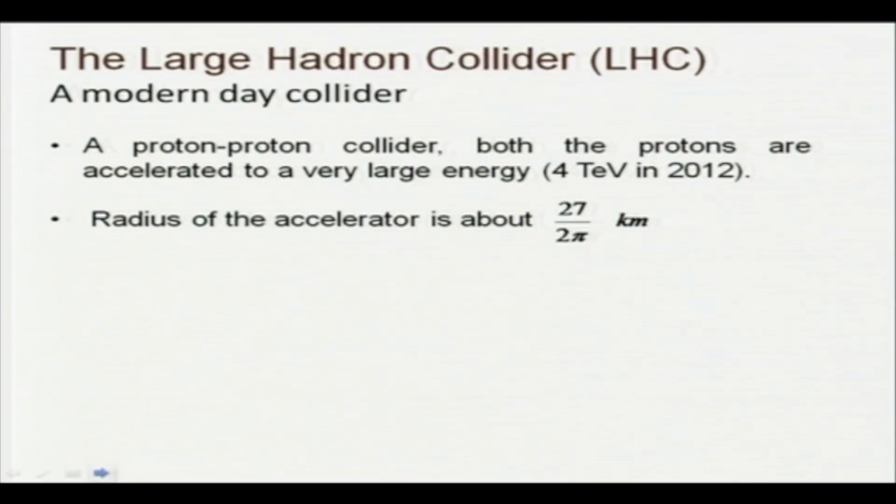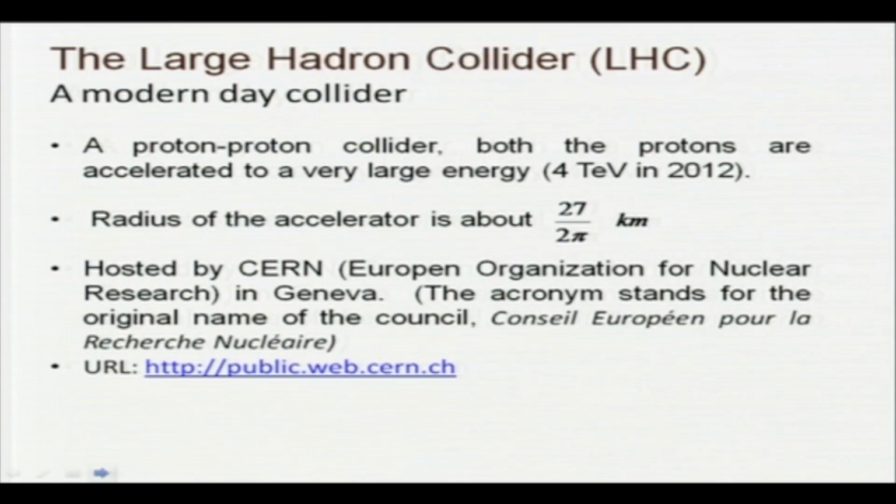The radius of this ring is 27/2π kilometer, or the perimeter is 27 kilometer. It is hosted by CERN, which stands for the European Organization for Nuclear Research, situated in Geneva at the border of France and Switzerland. The acronym CERN actually stands for the original French name when they started the whole idea.